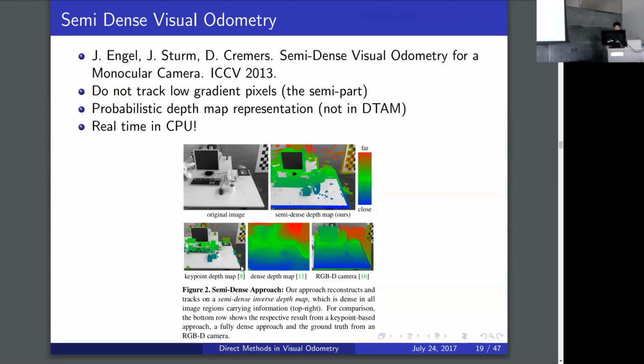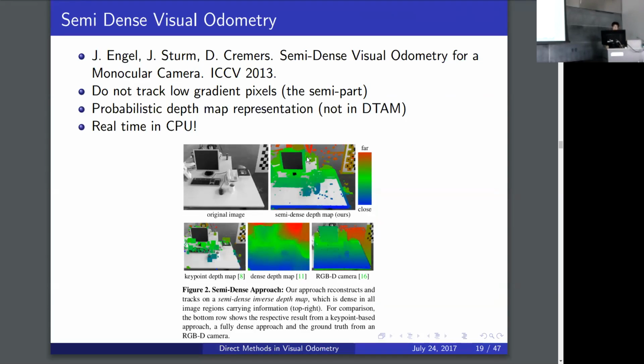So the idea is that instead of tracking every single dense pixel, it uses a measure to not track low gradient pixels, so pixels that have relatively low texture.